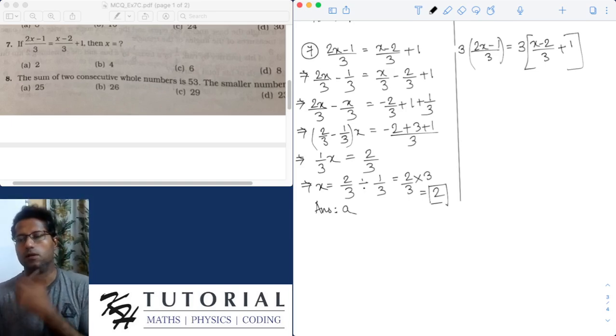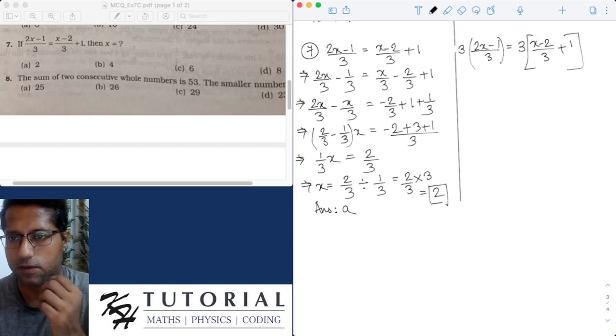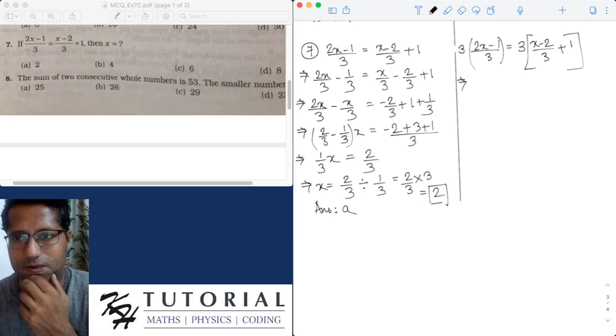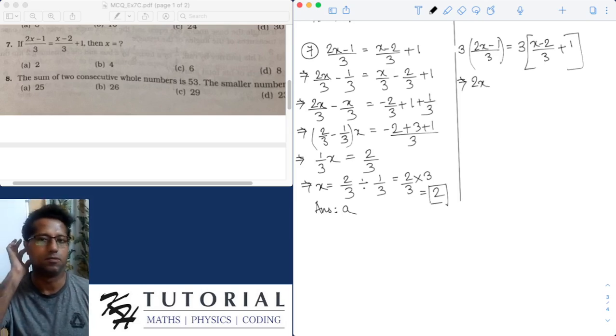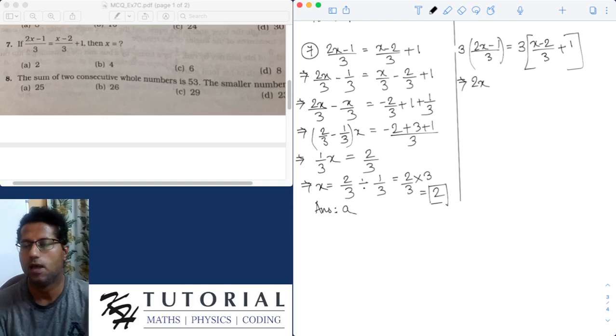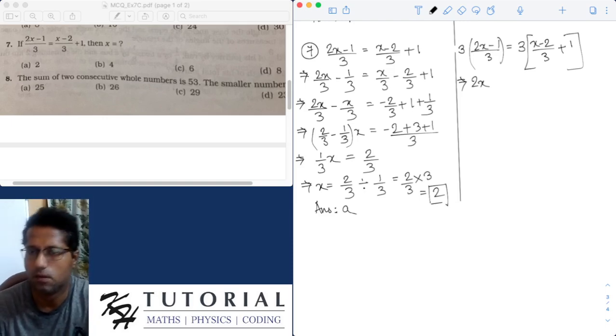Now we have to remove the brackets and simplify it further. So this is 2x. Now I am not explaining how we are doing the product of 3 and the term 2x minus 1 by 3.